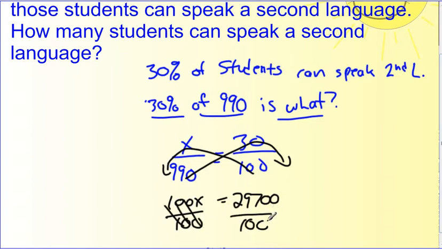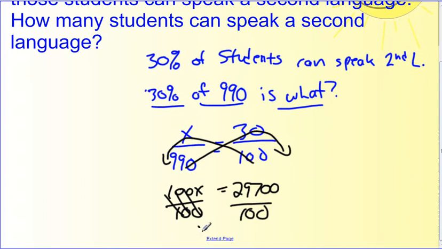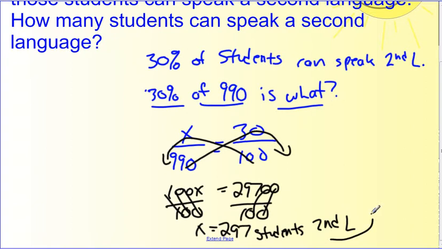Divide by 100, and x will equal 297 students. So 297 students can speak a second language.